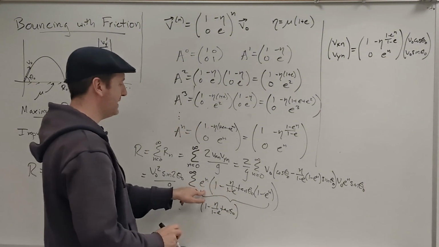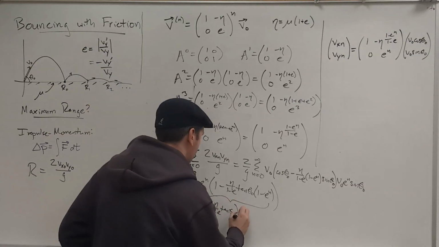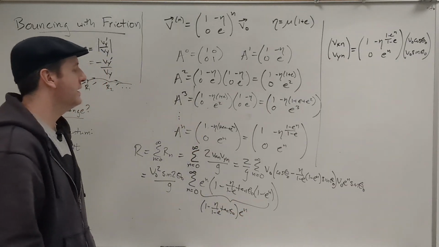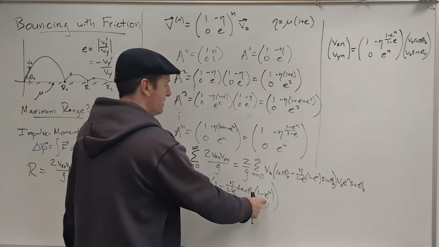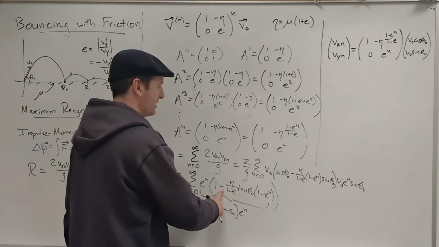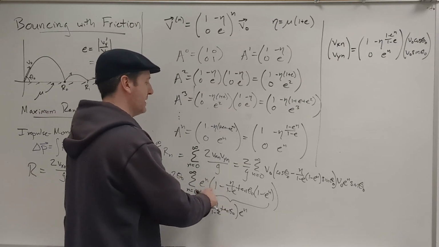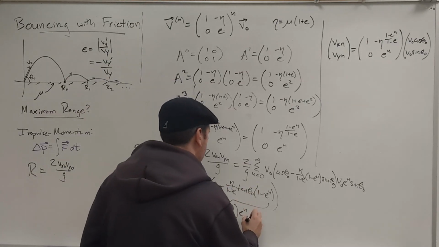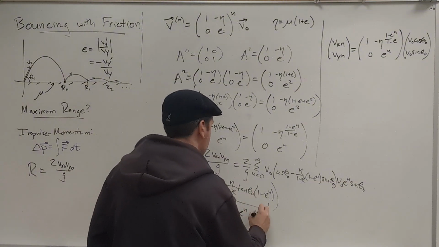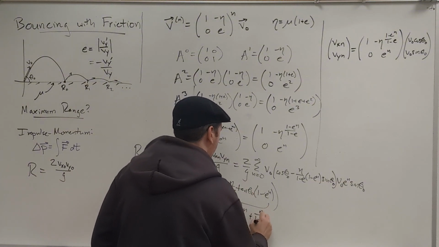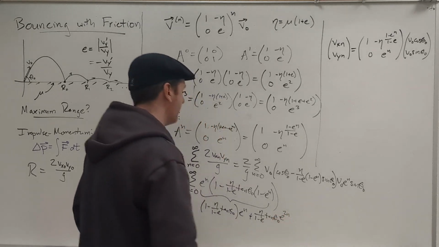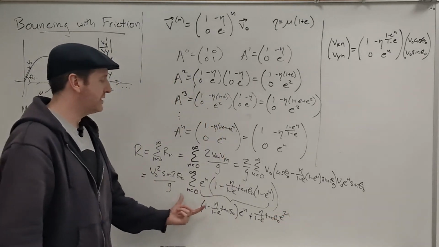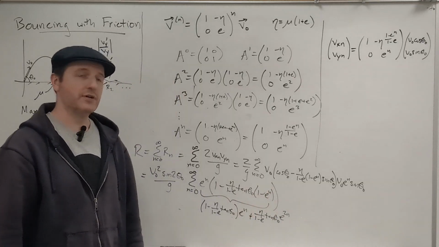That's being multiplied by e to the n. Then there's this extra minus e to the n, which is multiplying another e to the n. The minus minus will become a plus. I have this same messy constant out front, but now I have an e to the 2n.